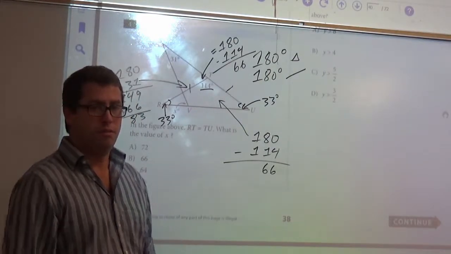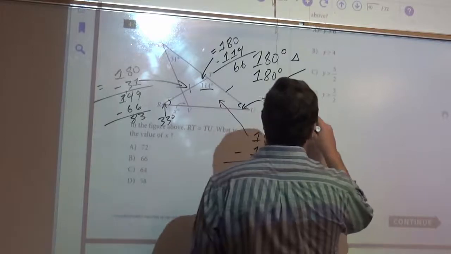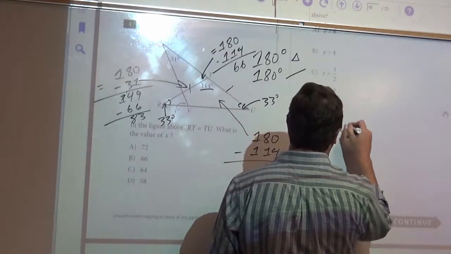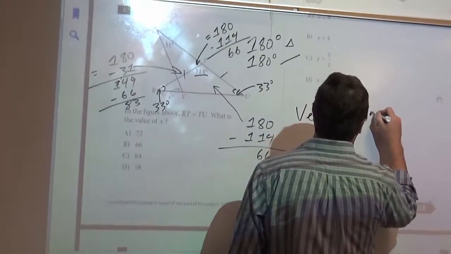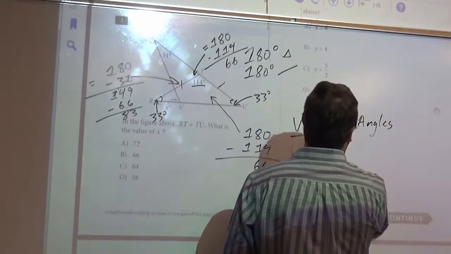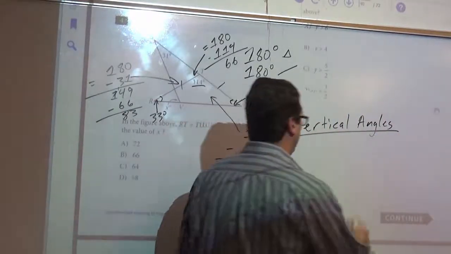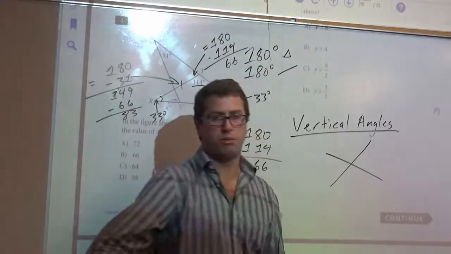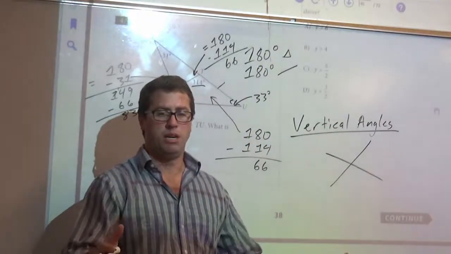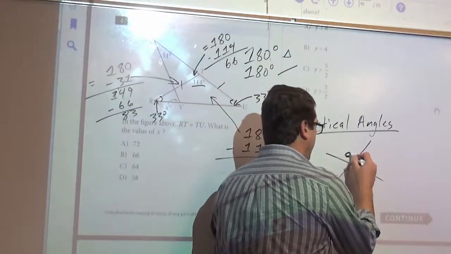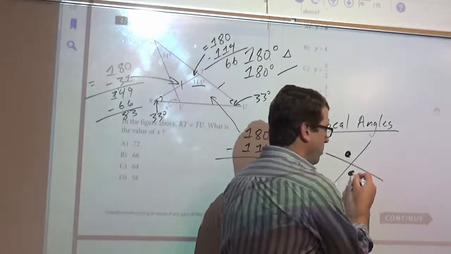Another thing that we need to know for this is vertical angles. It just means I have two lines that cross. My two lines that cross, this side is going to be equal to this side.